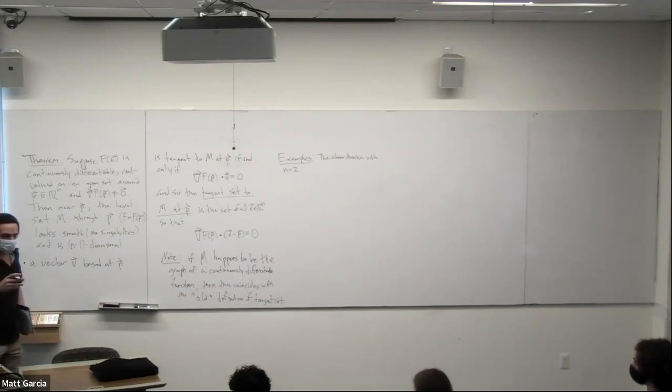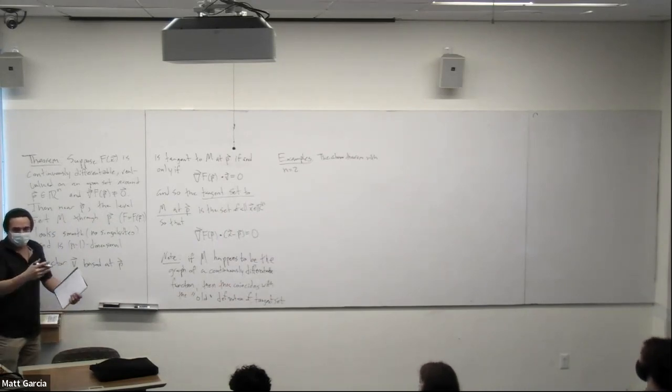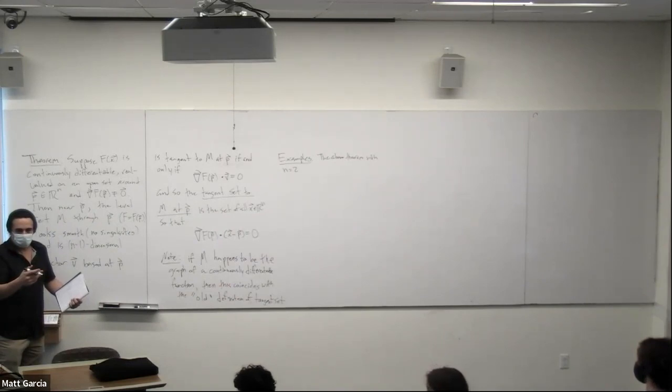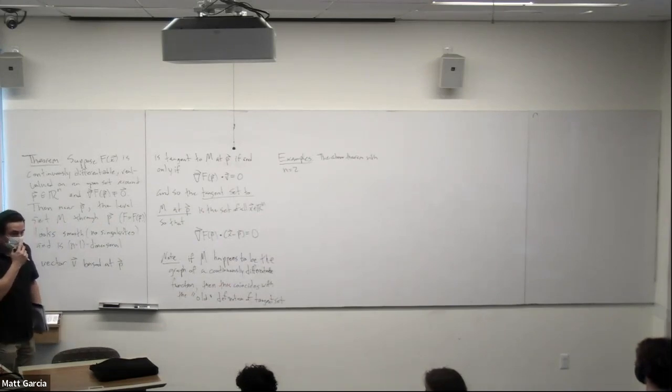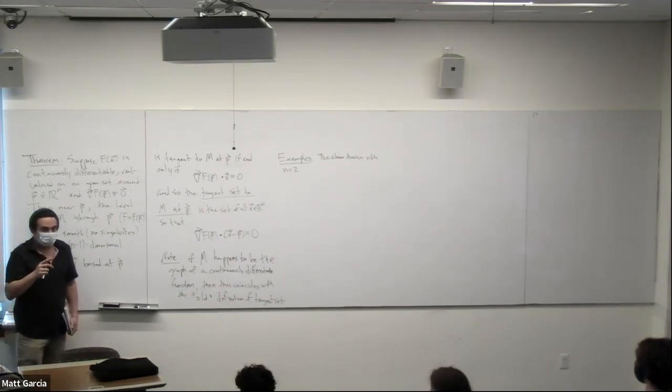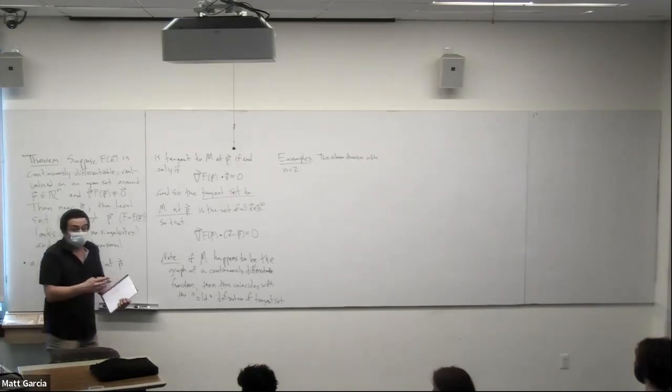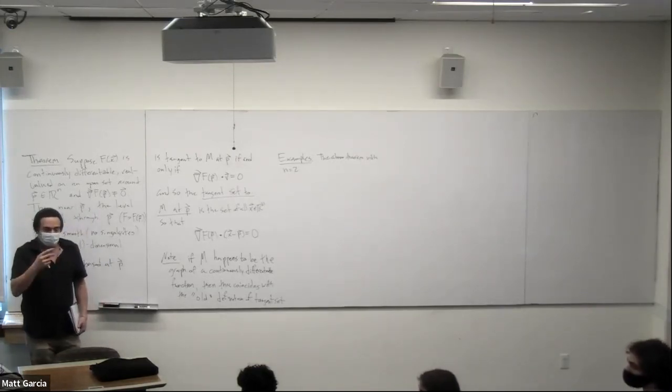The level set will be in one dimension, and the tangent set will then be... say again. Okay, so if the level set turns into a level curve, something of one dimension, what will the tangent set become? Yeah, a tangent line.